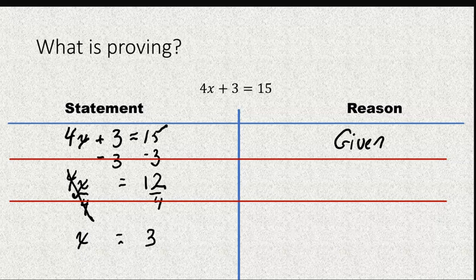So I'm going to write down the justification or the reason for taking this step. In this case, I subtracted 3 to go from 4x plus 3 equals 15 to 4x equals 12. So I'm just going to call this the property of subtraction.